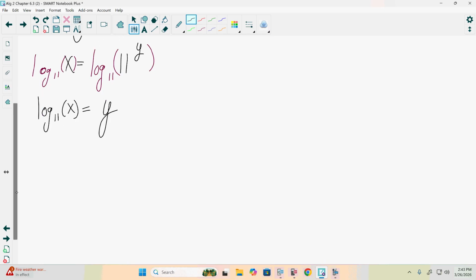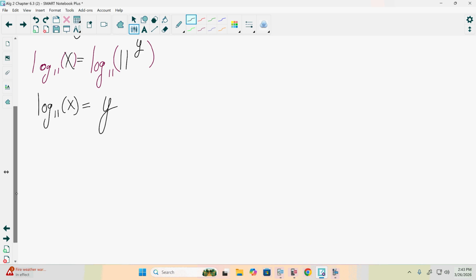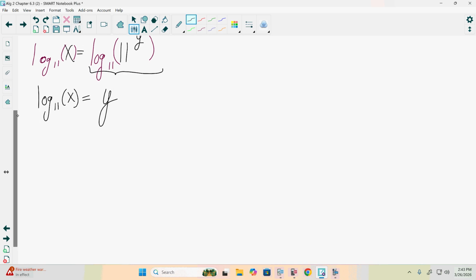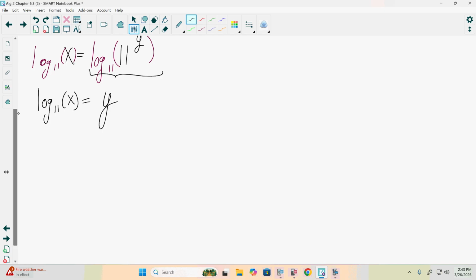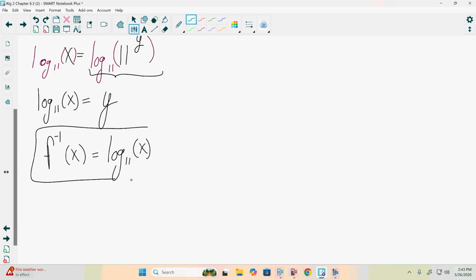We've been applying log base 11 to both sides, because log base 11 of 11 to the y simplifies to y. Log base 11 of x is just log base 11 of x. Questions on this here?